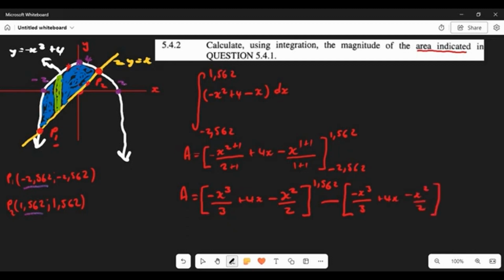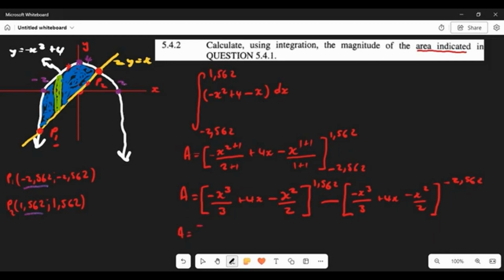Then you write the lower limit here, which is going to be negative 2,562. These are not powers, guys. This is to indicate that the first bracket is for the upper limit and the second bracket is for the lower limit.